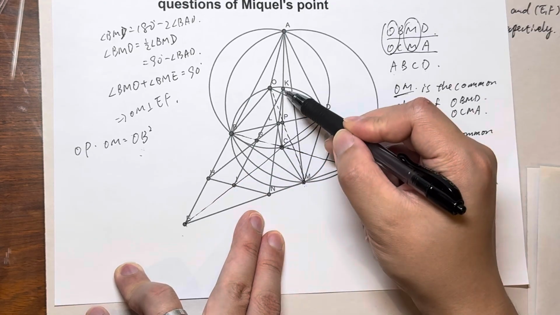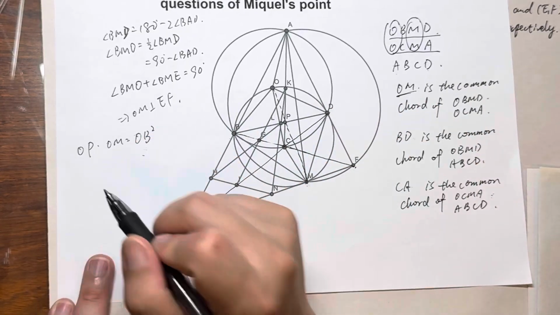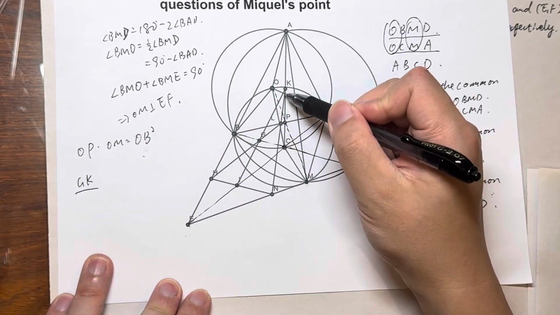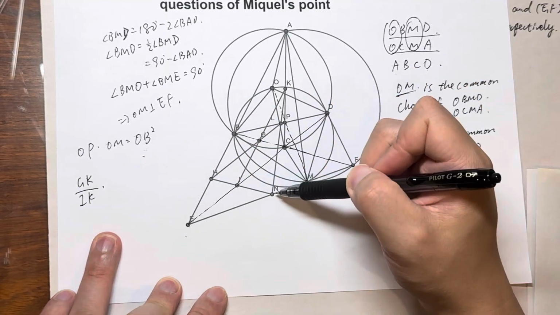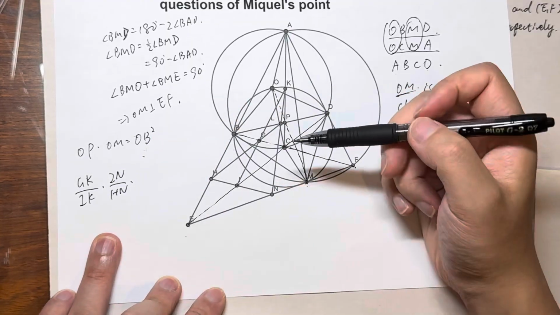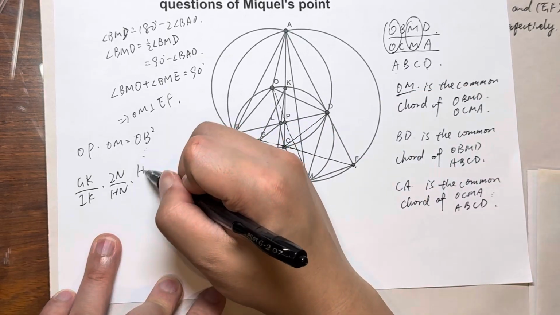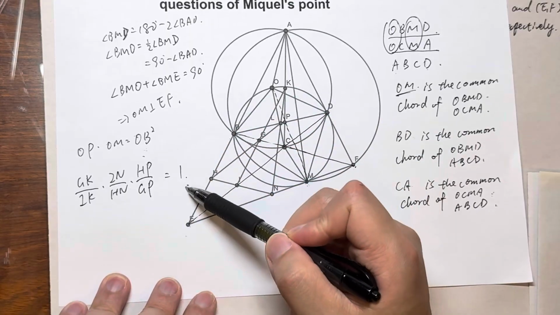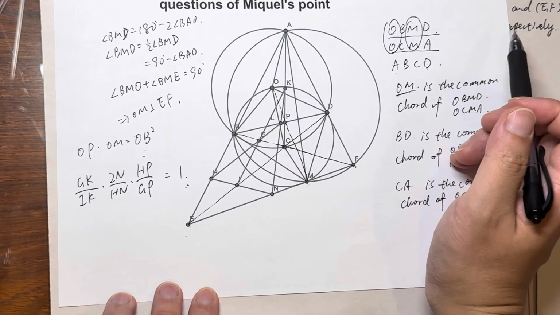This is a triangle, and this is an intersection line, which means we can write down here GK to IK times IN to HN times HP to GP. If we can prove that this equals 1, that means K, L, N are collinear. That's the converse of the theorem.